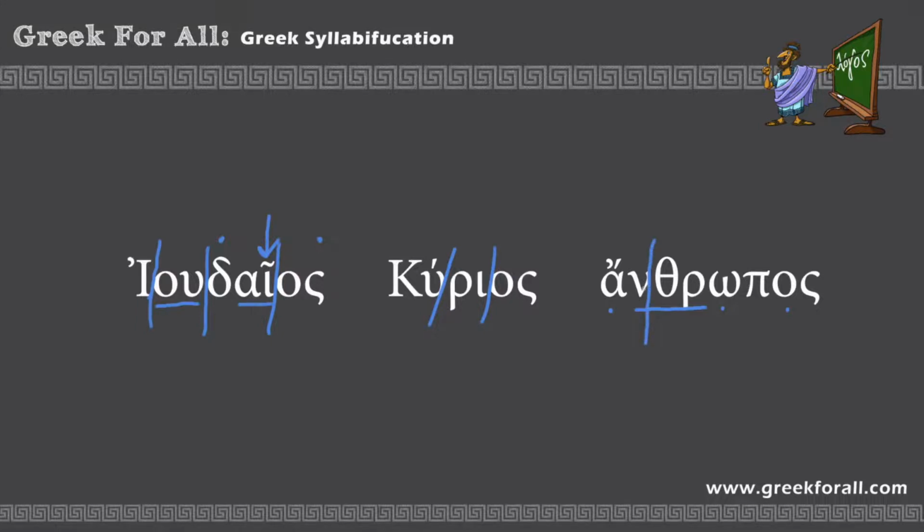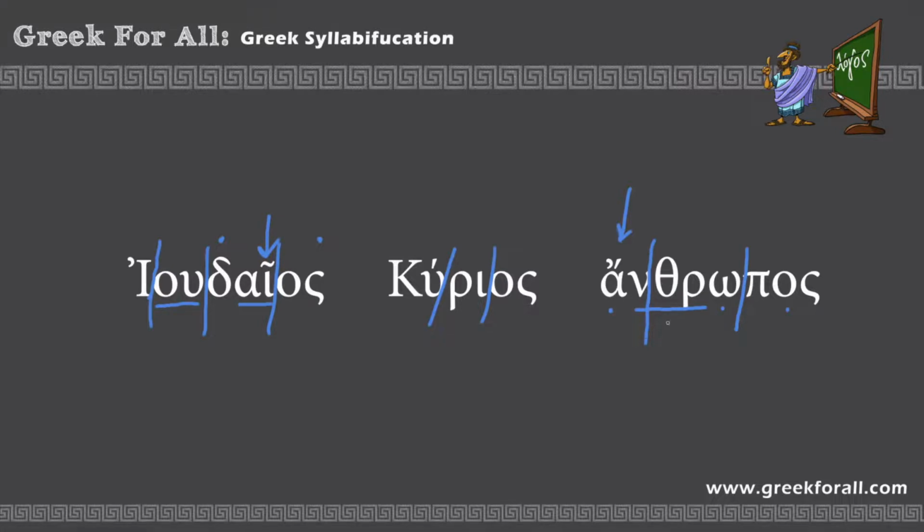So the first consonant goes to 1 syllable and these 2 will follow in the next syllable, but phonetically it doesn't really matter where you break it, between the first and the second, or between the second and the third, as I will show you. So let's just work with this one: anthro. We need to split it after the vowel: anthropos. Anthropos, we need to stress this syllable because of this accent.